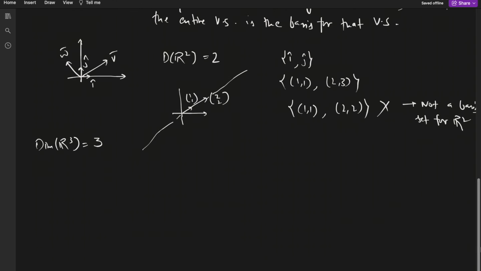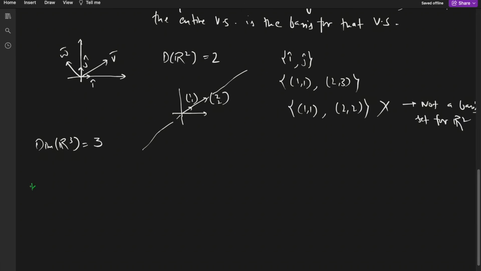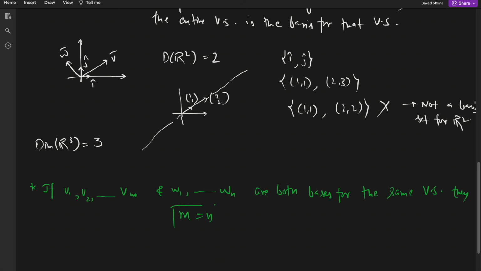All right. So from this, there is an important point: if v1, v2, up to vm and w1 up to wn are both bases for the same vector space, then remember that m will be equal to n.